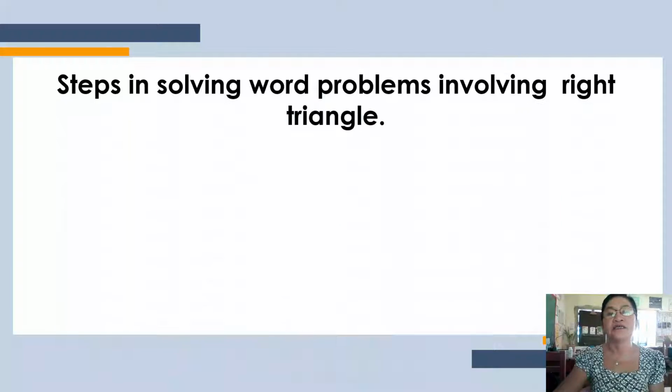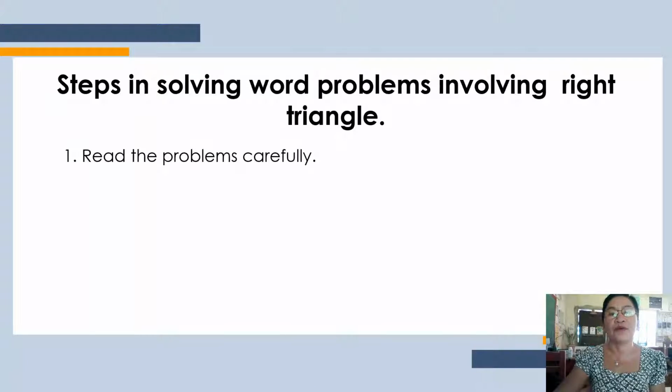Sometimes you can quickly solve the problem without any difficulty. However, there are times when you need to come up with a strategy to find the correct answer. So, let us consider the following steps in solving word problems involving right triangles.